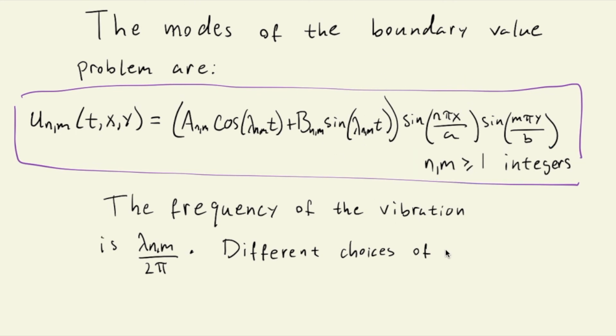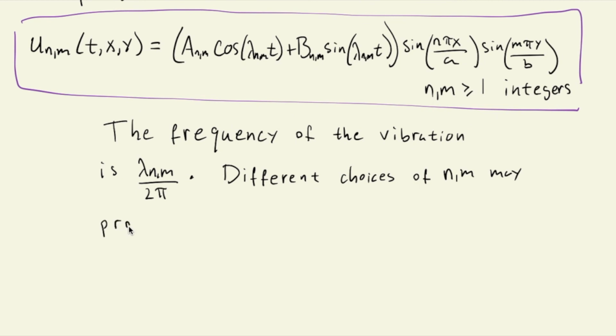Different choices of n, m may produce the same lambda n m, which then could produce the same pitch, right? So the lambda n m had an n pi over a squared and an m pi over b squared, and depending on what a and b are, you could produce different values choosing different n's and m's. We can analyze that more carefully later.